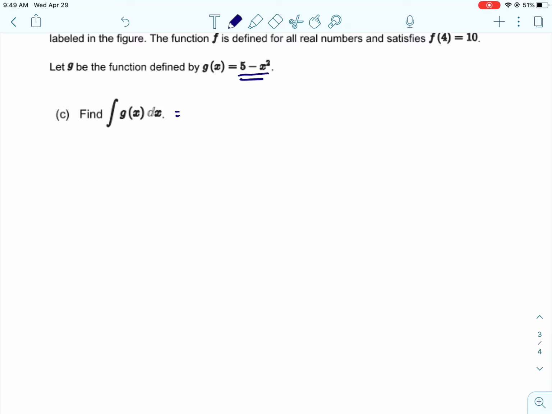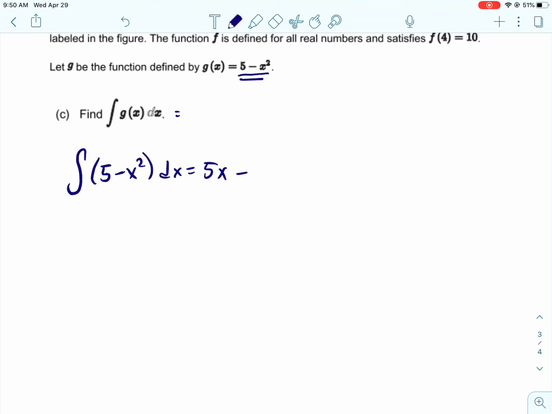All right, and then for C, we want to find the antiderivative of g of x. All right, so it looks like we're going to use the power rule for integration. So we're basically adding 1 to the power and then dividing by that new power.